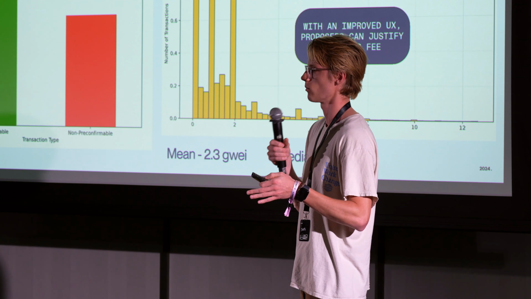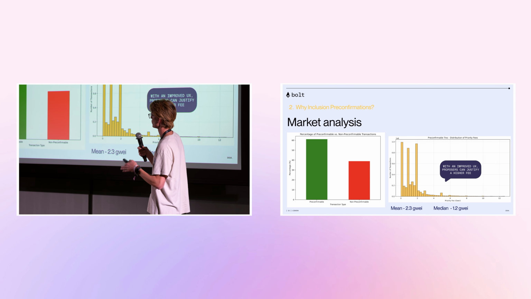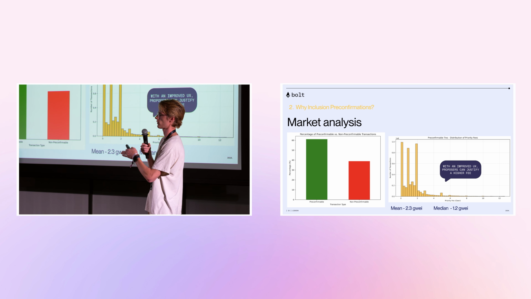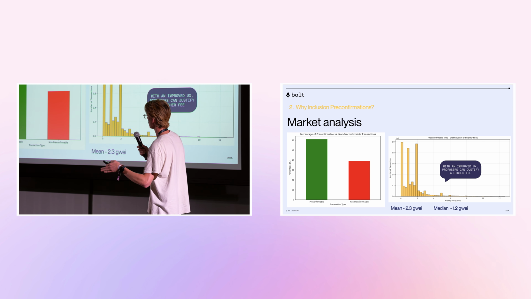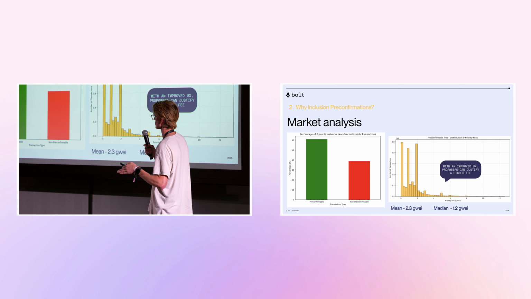So let's do a quick market analysis. Francesco gave a presentation earlier this week, which we link in the last slide. What we want to get across is that we did a market analysis on the last 20 blocks of data, where we tried to find the percentage of preconfirmable transactions.